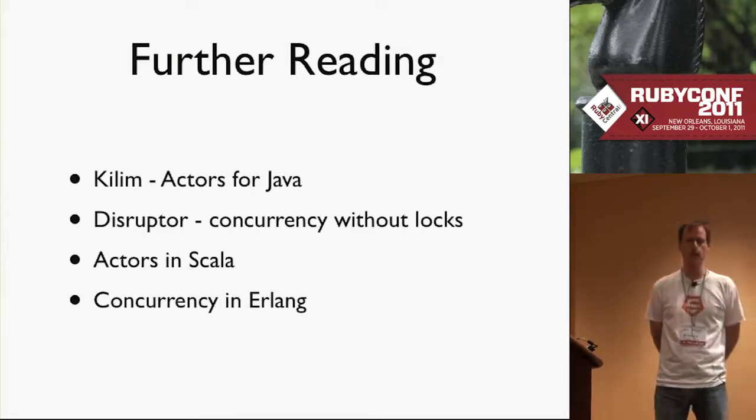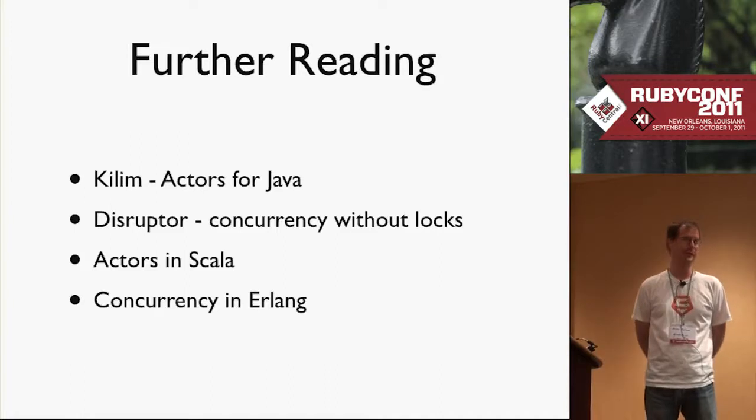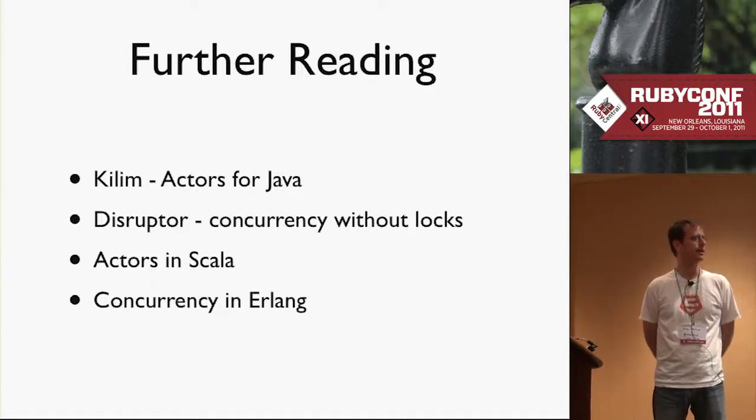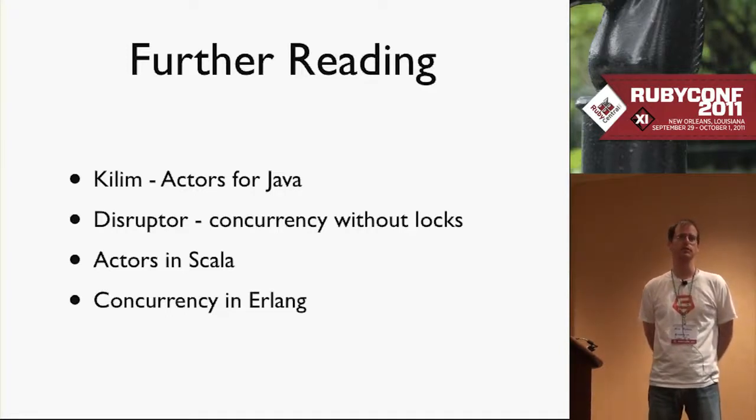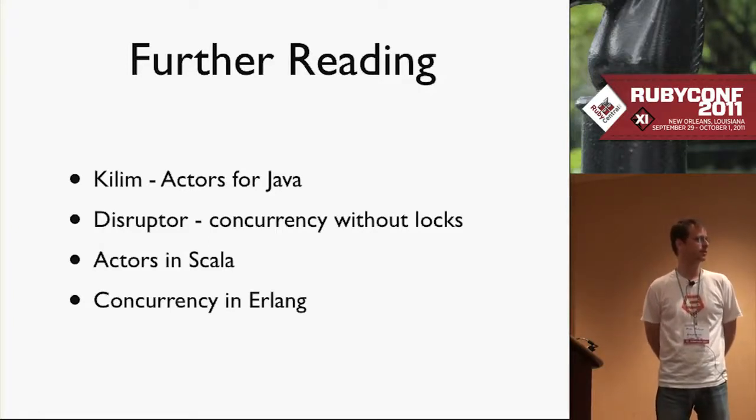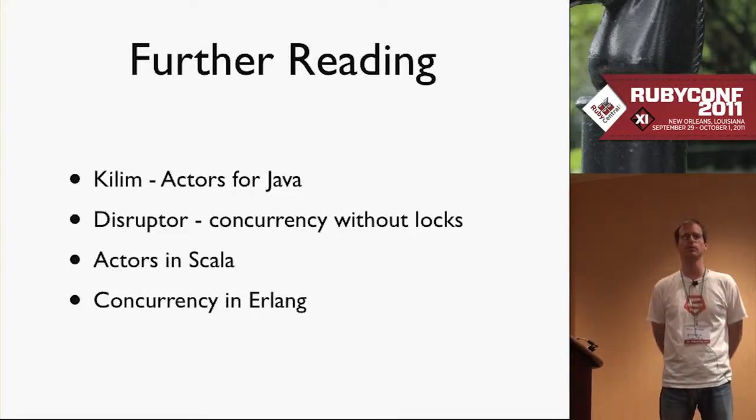So they dropped their main design, which used queues and locks, for another data structure that was lockless, and they got a 100x improvement in speed. They can do 6 million operations per second now on the JVM. It's just an incredible story. And then, of course, actors in Scala and Erlang are the old standbys if you want to learn more about actors in general.